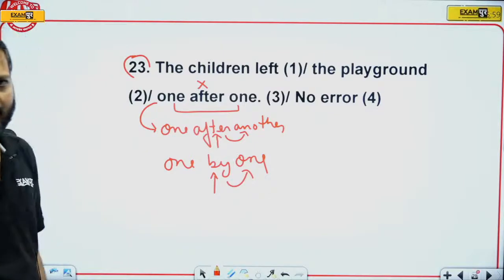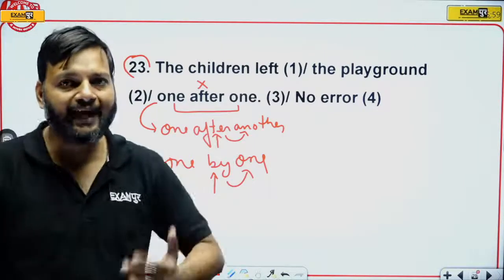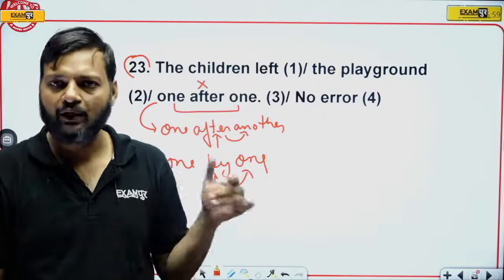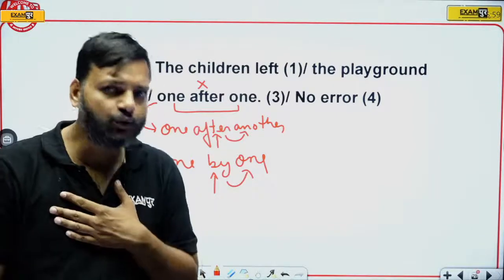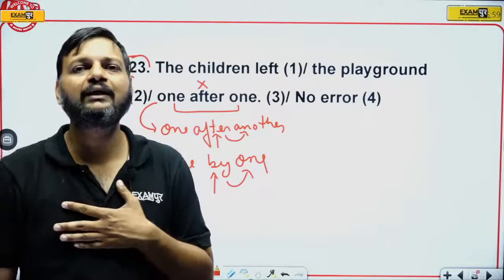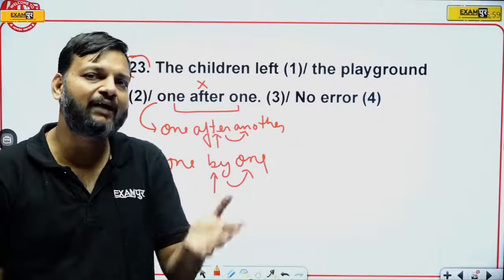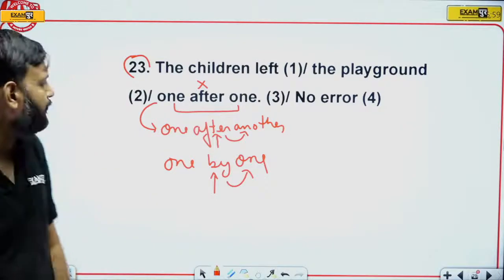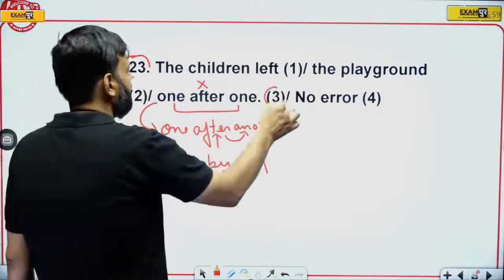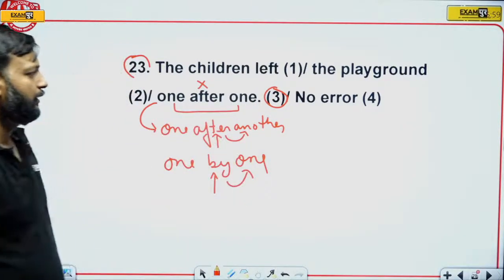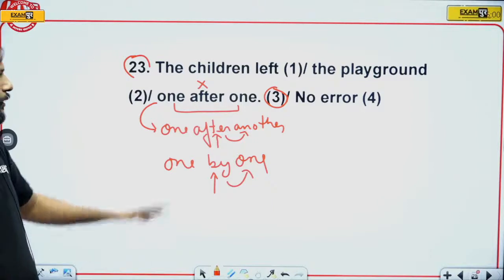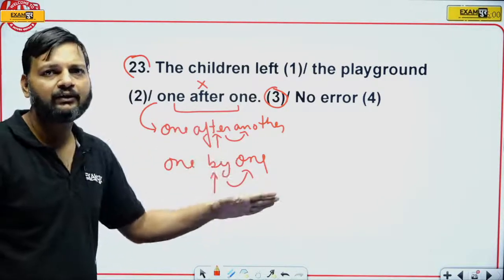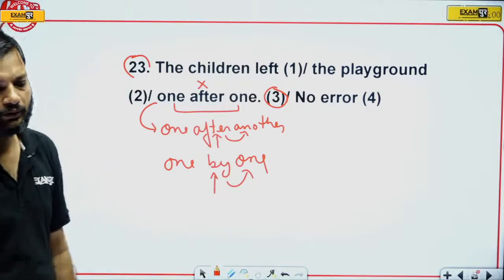So one after another and one by one are the right expressions. One by one we do use in daily usage, but it is actually not very grammatically correct. So here the error is in the third part. Either one after another or one by one will be used.